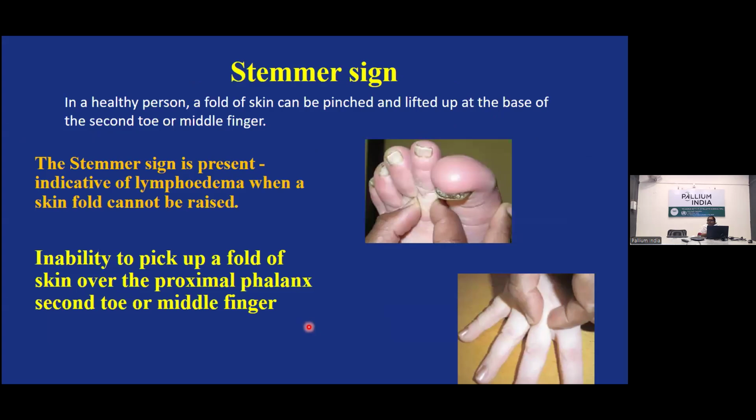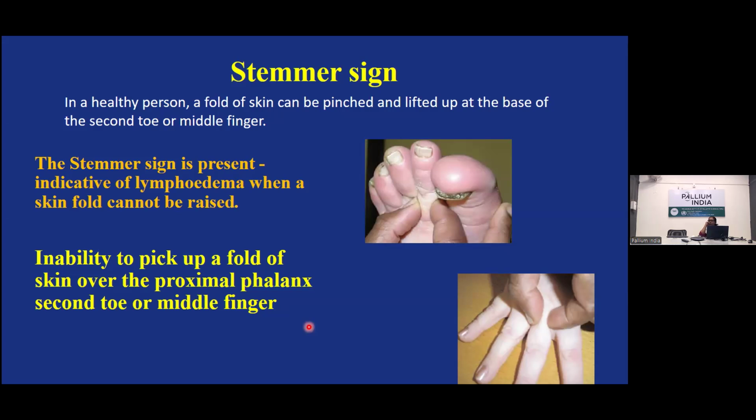So this is Stemmer's sign. For a healthy person, a fold of skin can be pinched and lifted up at the base of the second toe or the middle finger. For a lymphedema patient, you cannot lift the pinch of the fold of skin of the middle finger or the second toe.